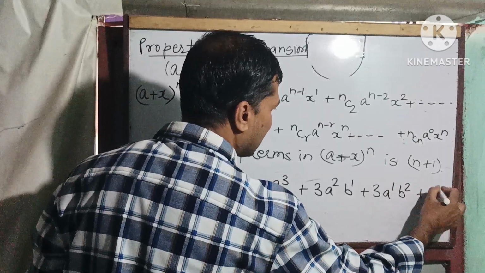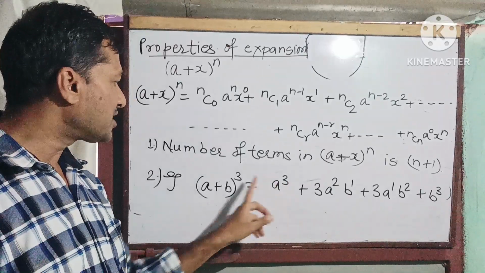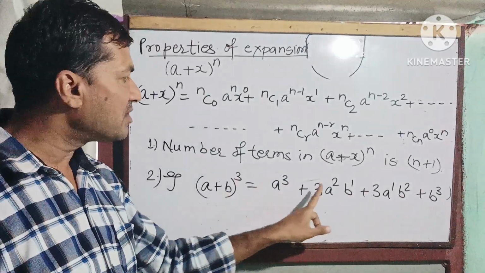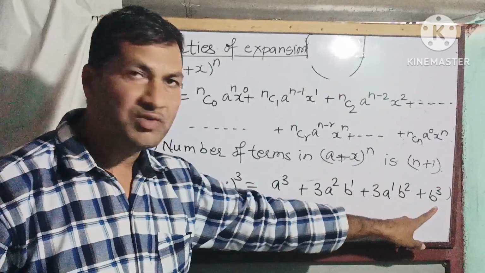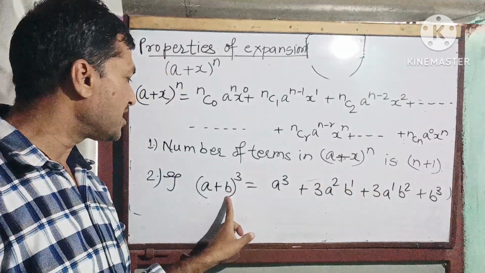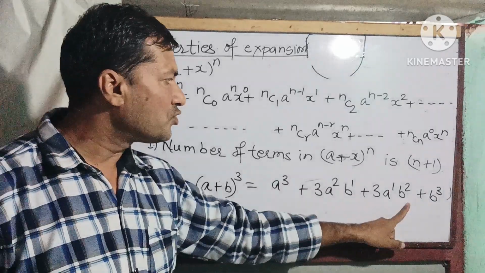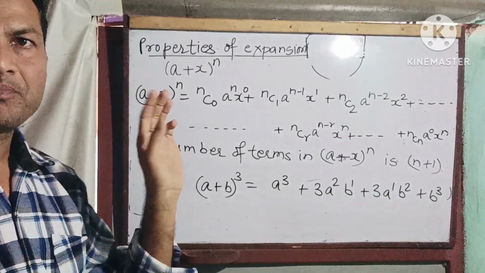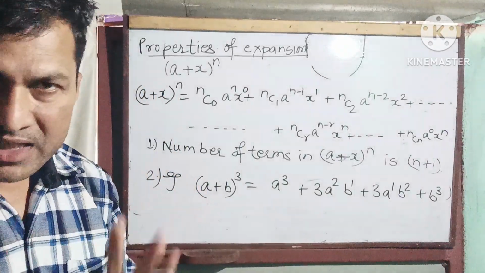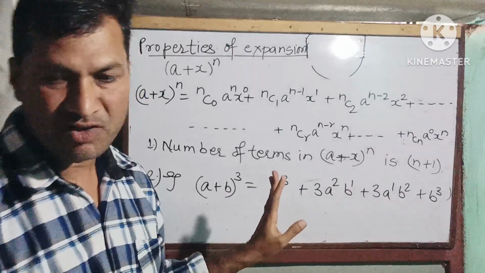And the last term we write is b to the power 3. Simply, in the first term the power is 3, second term 2, third term 1, and last is 0. Similarly, for b the power is 0, then 1, 2, and 3. So the power of the first term decreases by unity, and the power of the second term increases by unity.